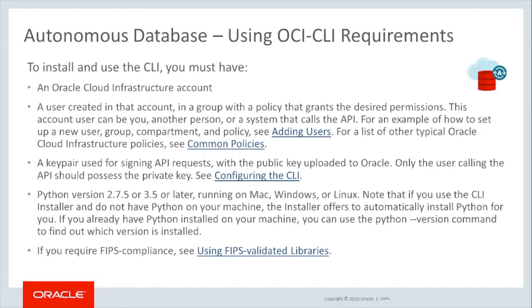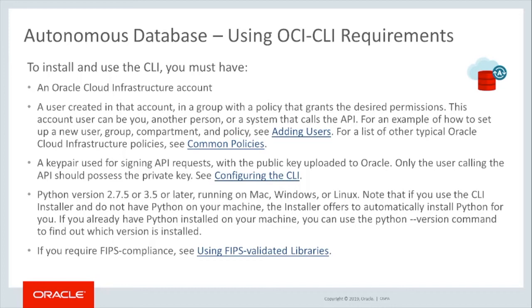To install and use the CLI, you must have an Oracle Cloud Infrastructure account, a user created in that account, and a group with a policy that grants the desired permissions. This account user can be you, another person, or a system that calls the API. You also need a key pair used for signing API requests, with a public key uploaded to Oracle.